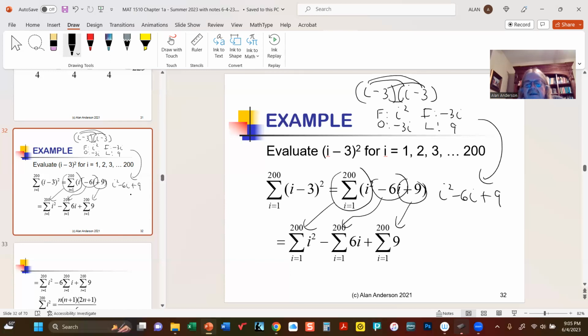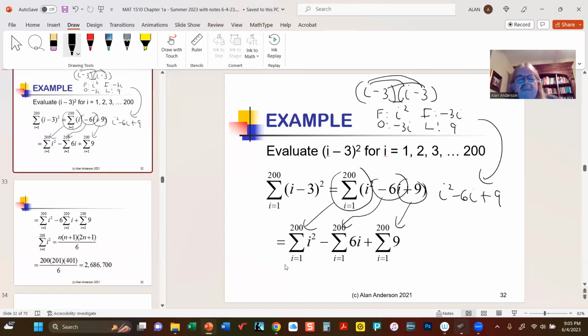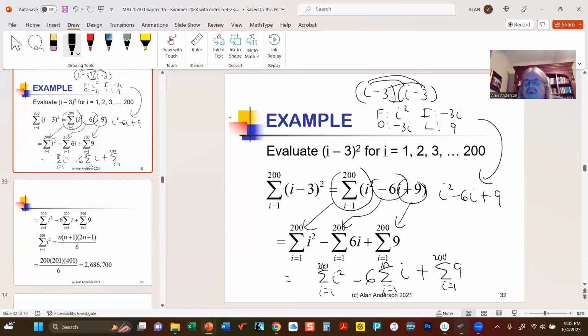All of these have a rule that we've seen. So, for example, and by the way, what you can also do here, you can then move this -6 outside. And now this is the one we started with, the constant. We don't need to do anything with it, except to remember the rule.